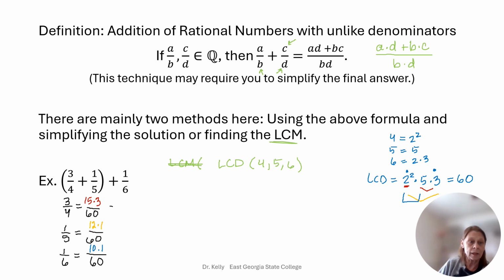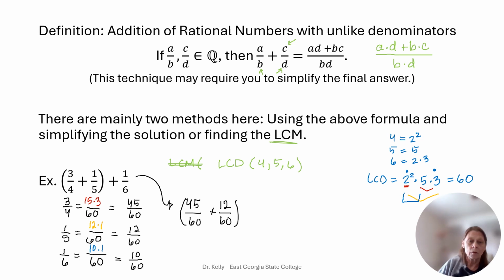Alright, so let's see what we have here. So we have 45 over 60. This one's 12 over 60. And this one's 10 over 60. And then we're going to rewrite our problem here. Our problem was 3/4, so we have 45 over 60 plus 12 over 60 plus 10 over 60.